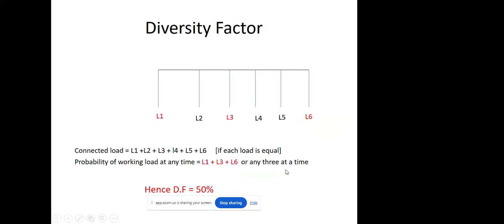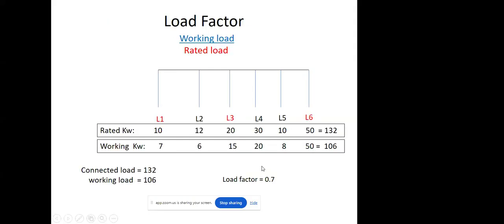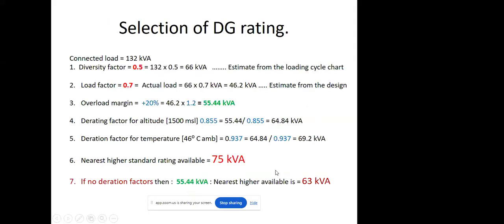So the first was diversity factor, second was load factor. If we multiply these two things, we come to selection of the genset. We see here step by step one simple example. The connected load is 132 kVA. Now the diversity factor is 50%. 132 into 0.5 is 66 kVA.